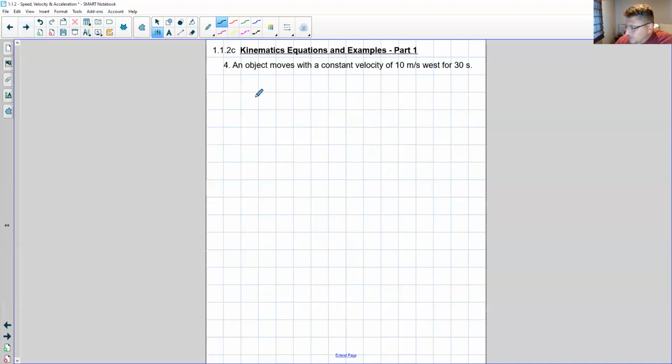Why? Because v average equals d over t, and d equals v average t. Or more specifically, since I'm talking about velocity, v average is delta x over t, and delta x equals v average t.